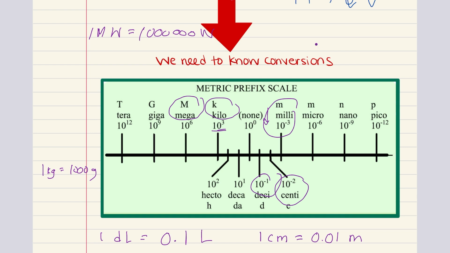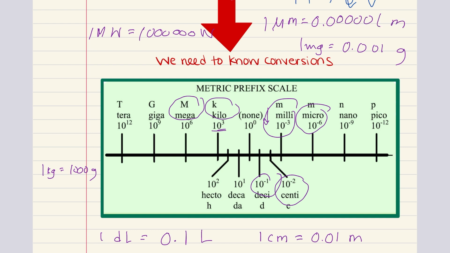1 milligram is equal to 0.001 grams. Micro corresponds to 10 to the minus 6, or 1/1,000,000th of the base unit. So 1 micrometer is equal to 0.000001 meters.